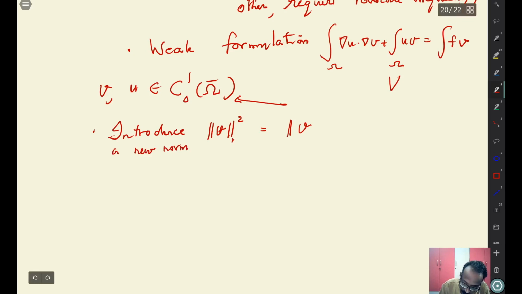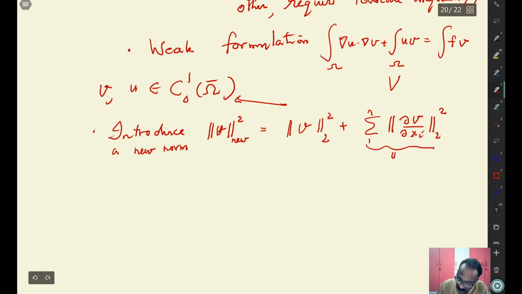Later I will change the notation. It is an L2 norm plus the gradient norm, and this is well defined now. The sum of du by dxi squared, from 1 to n, is nothing but the norm of grad v squared.